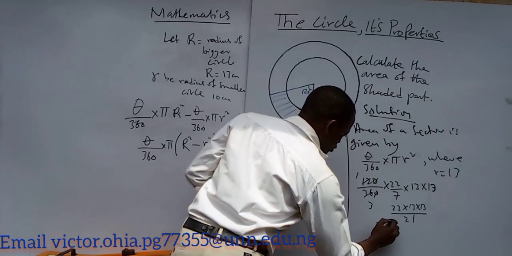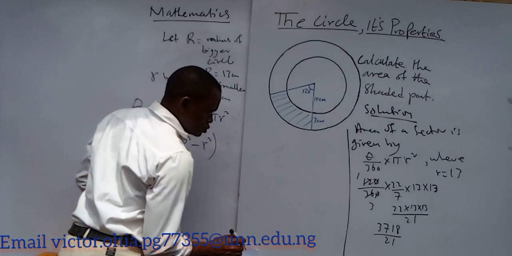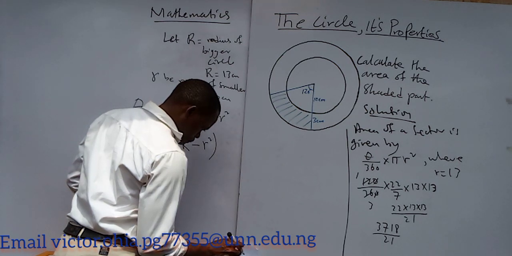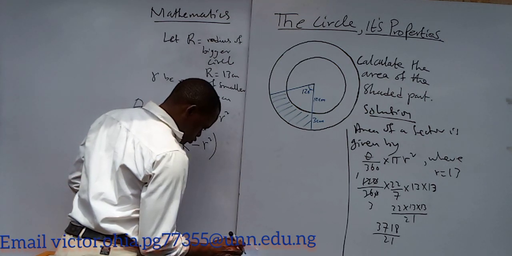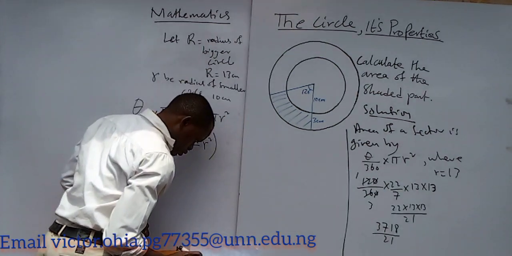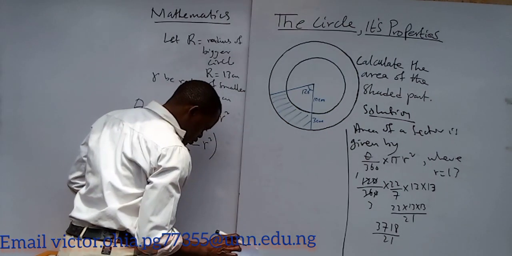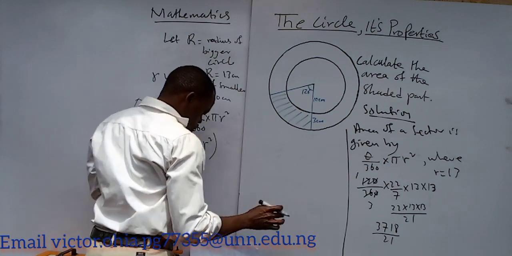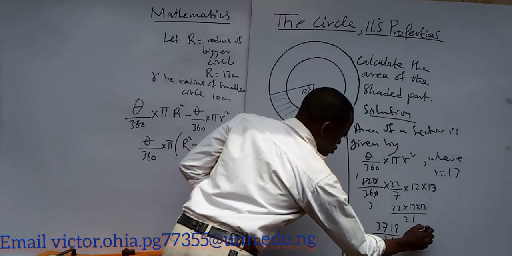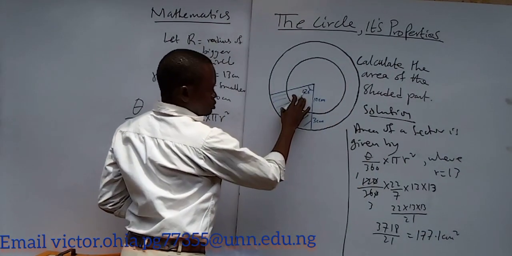So 3,718 over 21, because we have 3 times 7 here. So divided by 21, that will give approximately 177.1 cm squared. That's for the bigger sector.